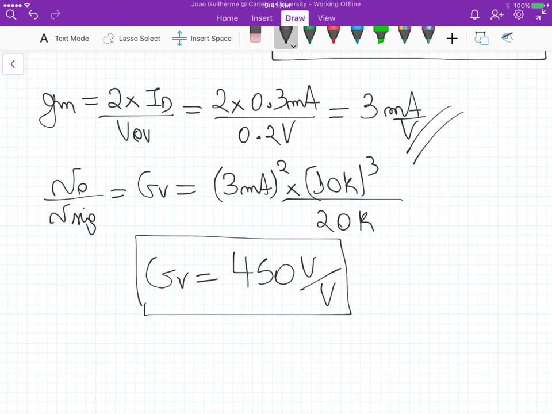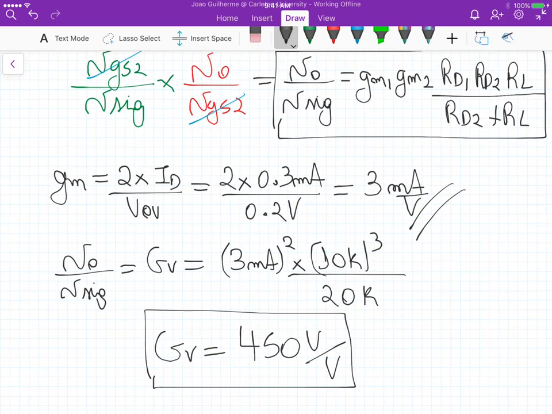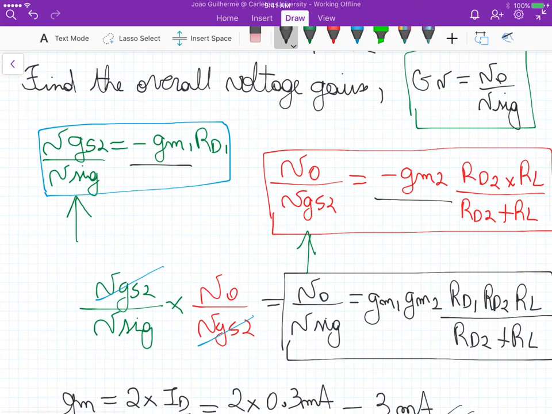And it makes sense that now it's positive, because remember that the voltage gain for an amplifier is negative, right? So it's usually minus 15 or minus 14 for this particular common source amplifier.